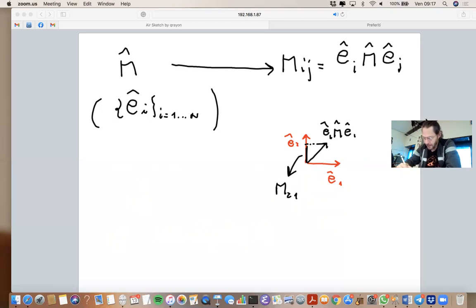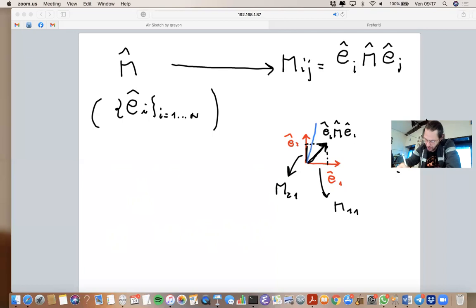And if I take the inner product of M E1 with respect to E1, this is M11. And then I do the same for E2. I look at E2. Let me draw in blue.